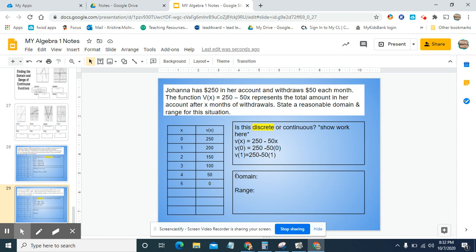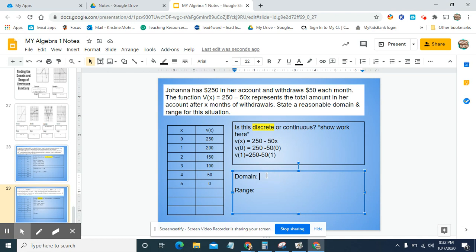So our domain, since it is discrete, is what we did early in the week. We listed out 0, 1, 2, 3, 4, and 5. Those are brackets. Our range, 250, 200, 150, 100, 50, and 0.